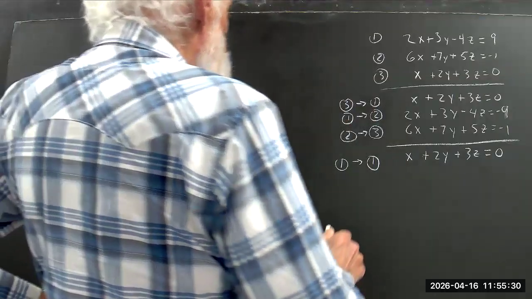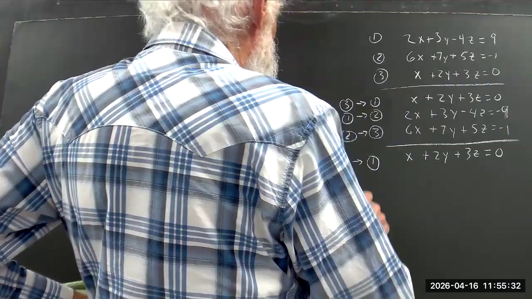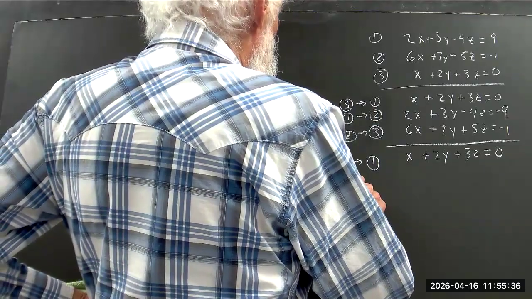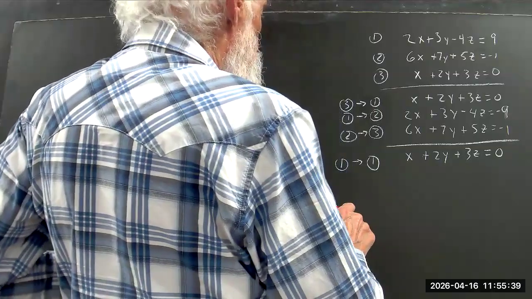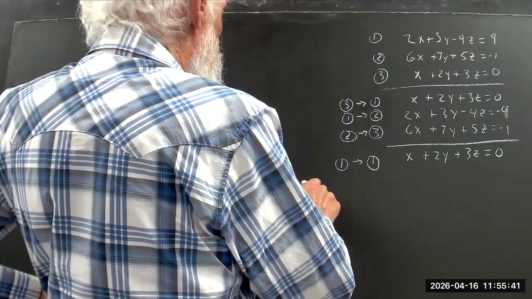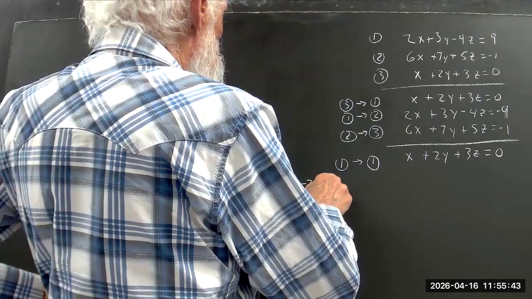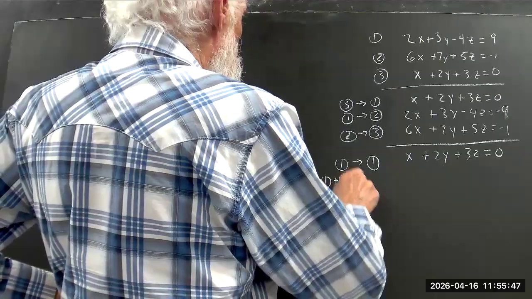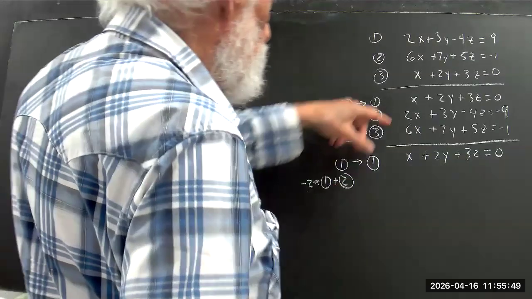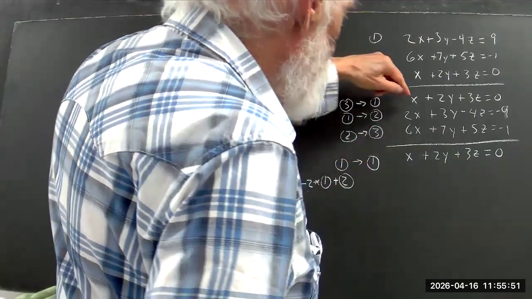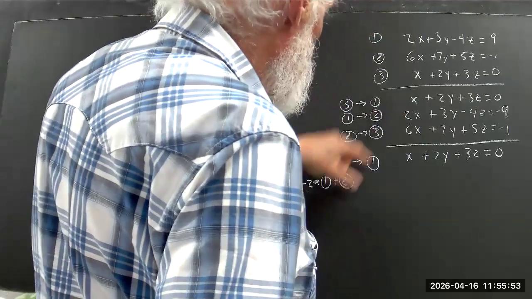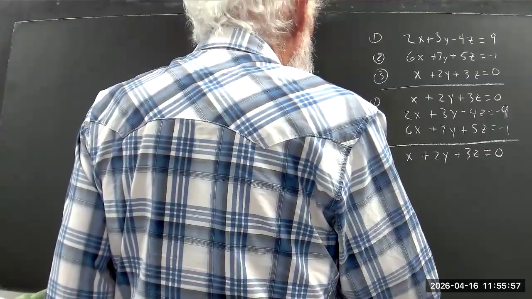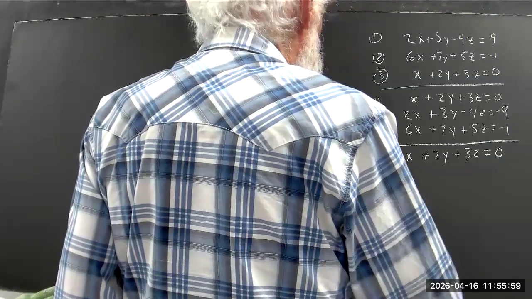Equation 2 is going to be obtained by adding -2 times equation 1 to the old equation 2. So I'm going to take -2 times my previous equation 1 and add it to my previous equation 2. That'll become my new equation 2.